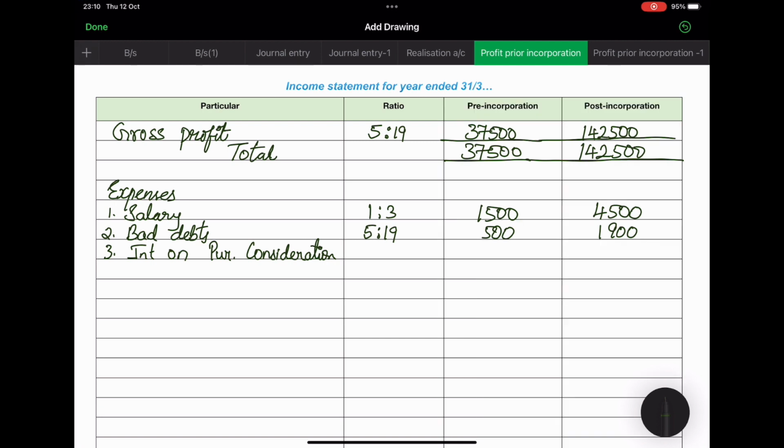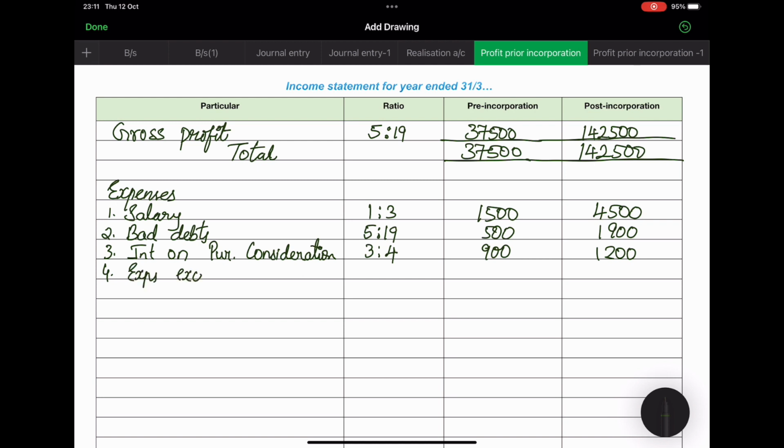We can't take the normal time ratio directly, because clearly they have given up to November. So 2,100 into 3/7 is 900, and 2,100 into 4/7 is 1,200.